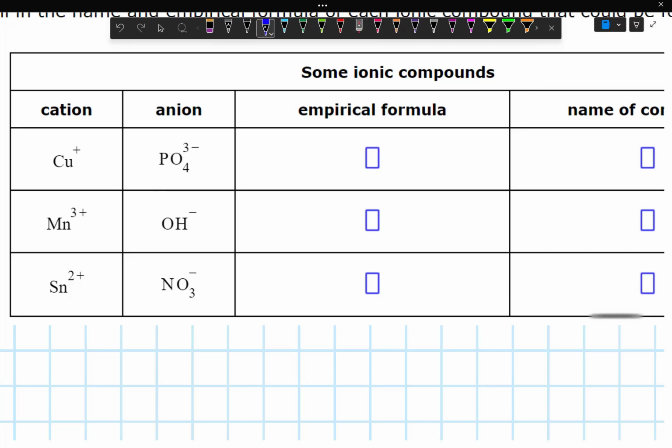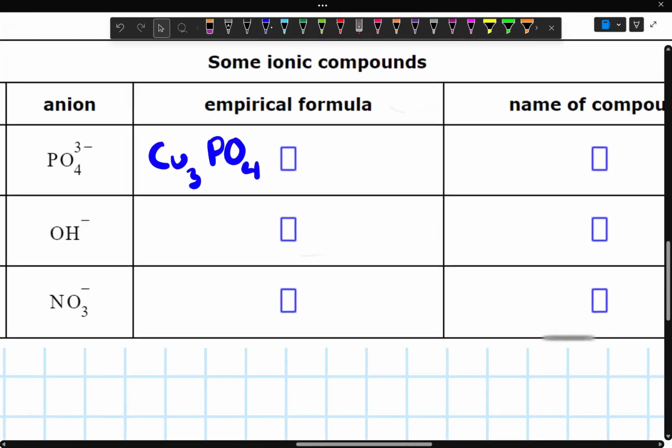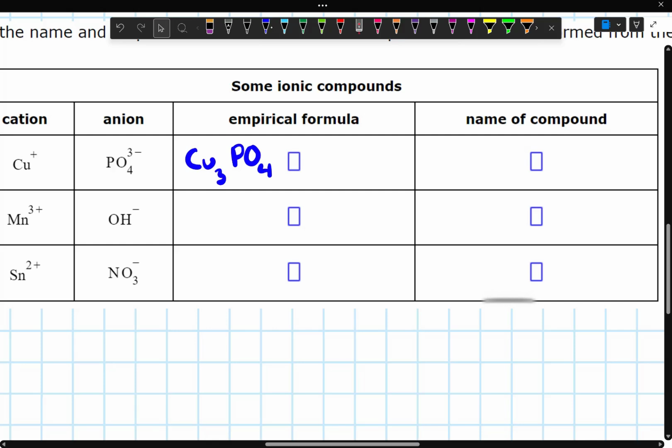And this just gives us copper, and then we write parentheses because there's going to be more than 1. Oh, I almost made a mistake. Sorry. This 3 comes down here, right? So it's going to be 3 copper atoms in this case. And then there's only 1 phosphate, so we don't need to write parentheses. So that is Cu3PO4.